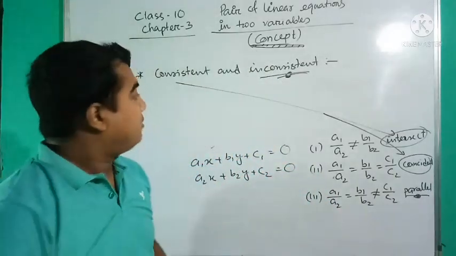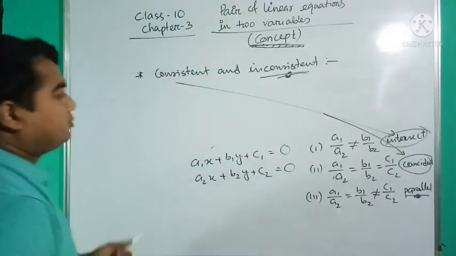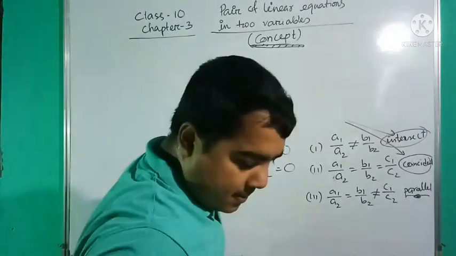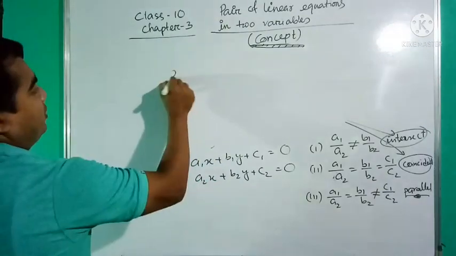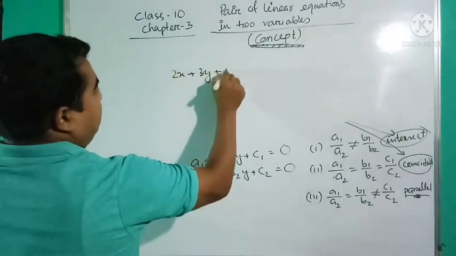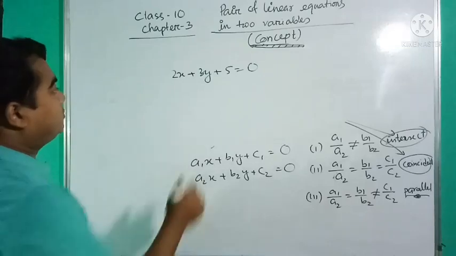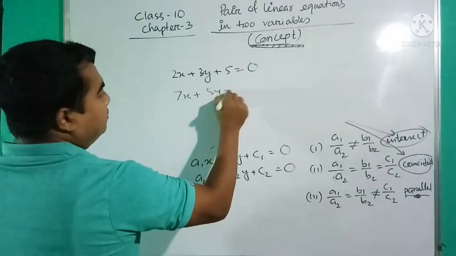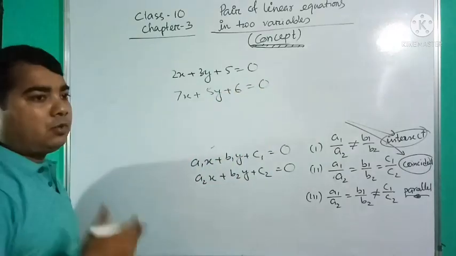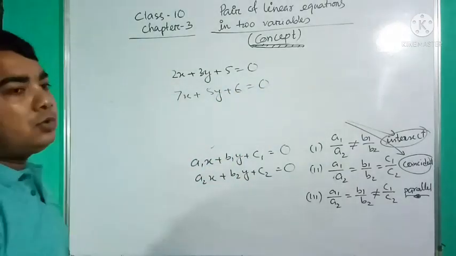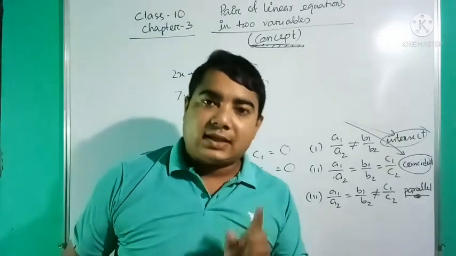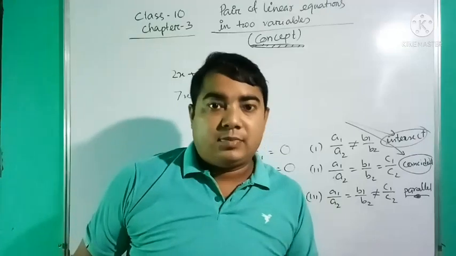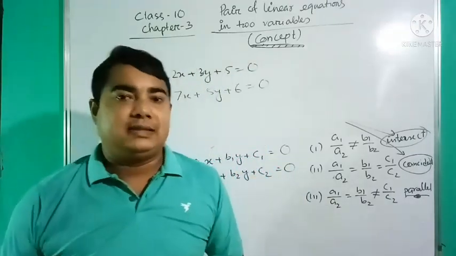Okay, now let's take one example, how to apply these conditions. Two equations are given: 2x + 3y + 5 = 0, and one more equation, 7x + 5y + 6 = 0. The question is whether the two equations intersect at one point, or at an infinite number of points, meaning coincident, or are parallel lines.